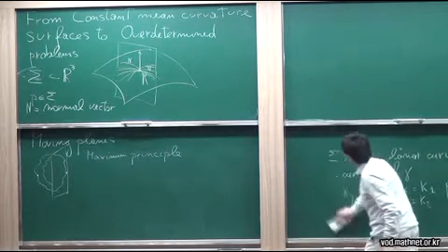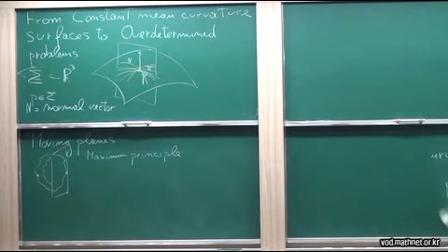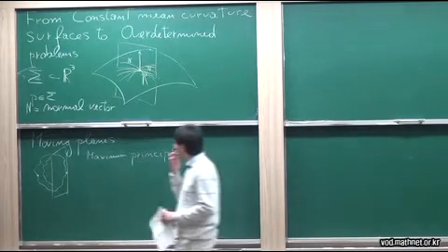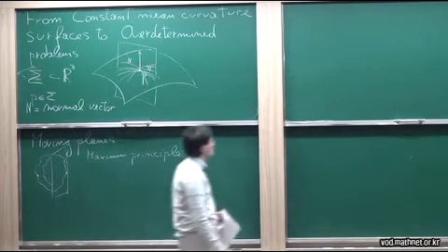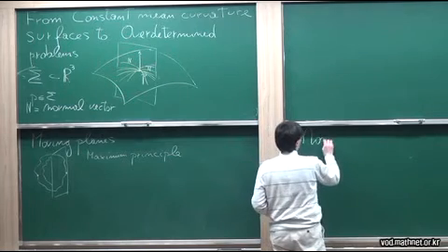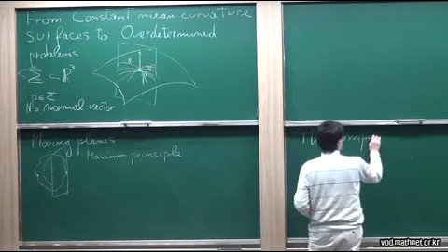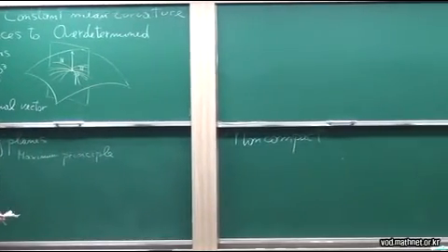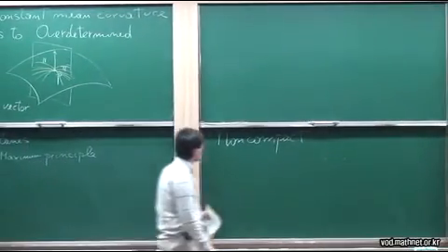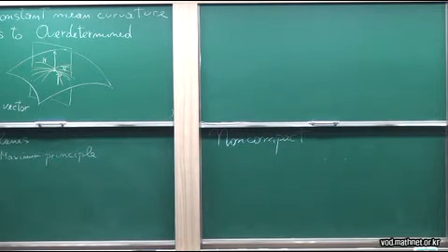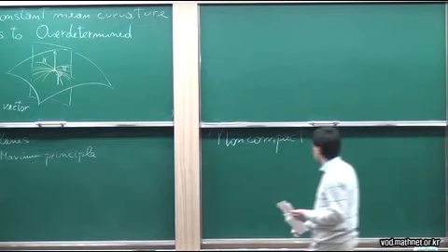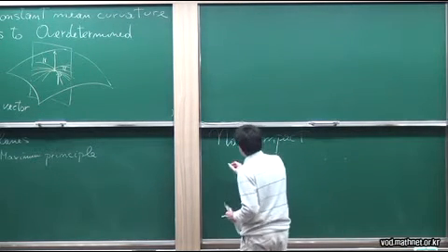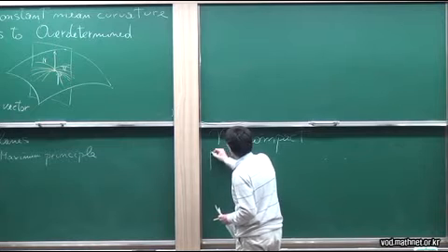Other results about constant mean curvature surfaces concern the non-compact ones. How does a non-compact constant mean curvature surface look? Suppose that M is such a surface.